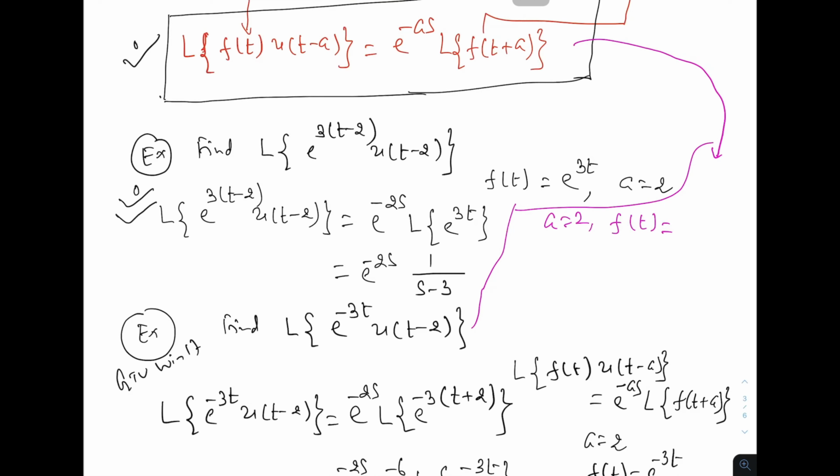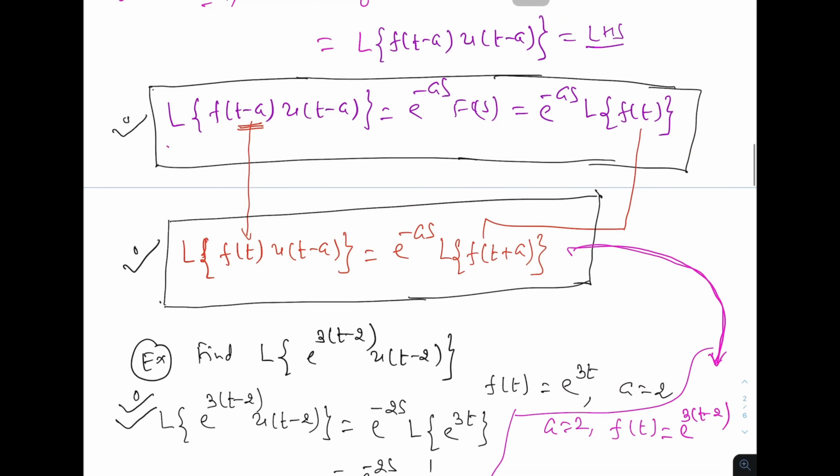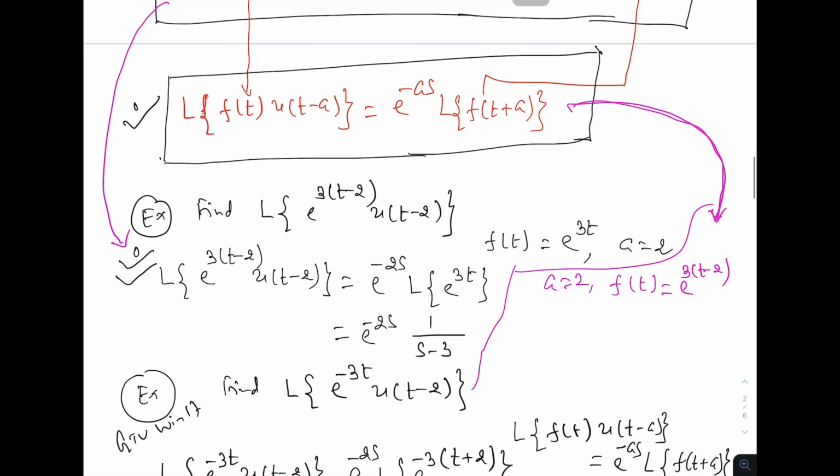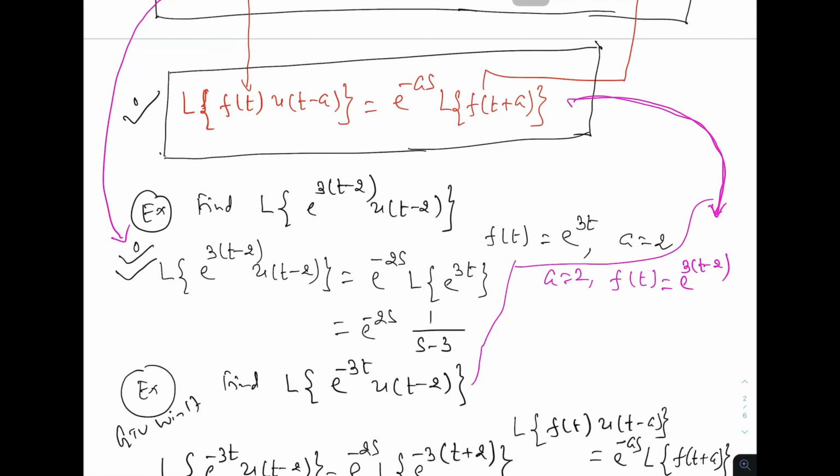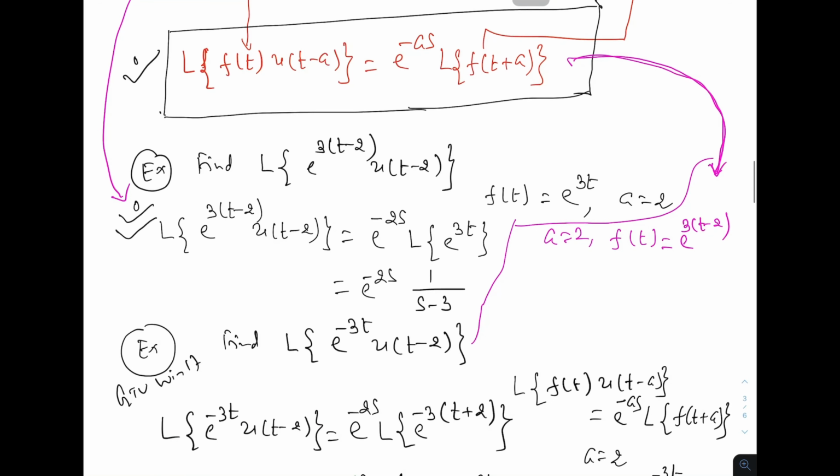F of t is this much, e power 3 t minus 2. We are using this format, and here we have solved by the other format. Both are same, but let us remember only one, so that you can solve all the examples with the same format. So then what is the formula?